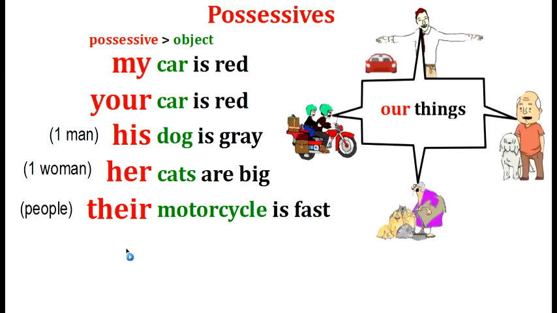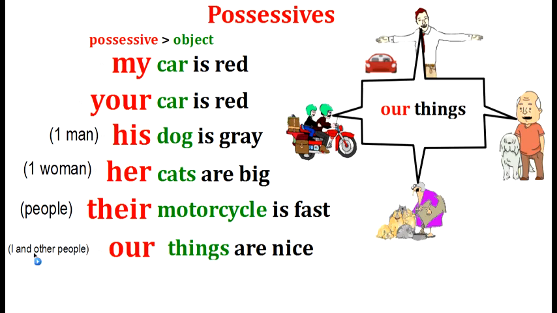And the last one. Our things are nice. So our is the possessive for I and other people. So a group of people, many people, and each person is talking about their things and the other people's things.